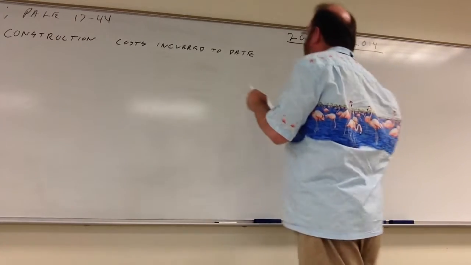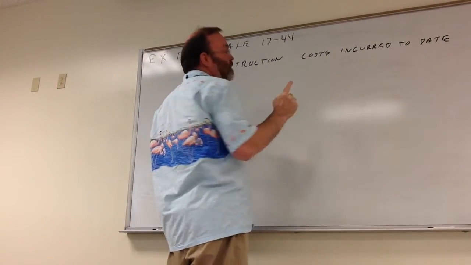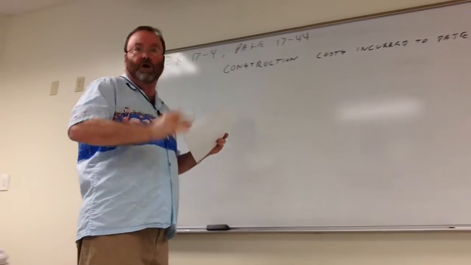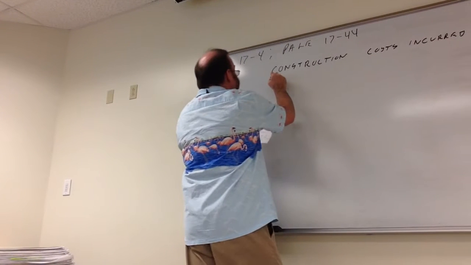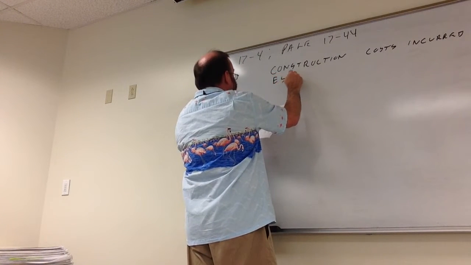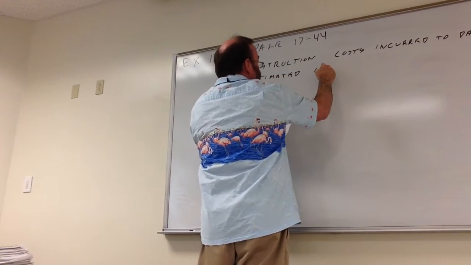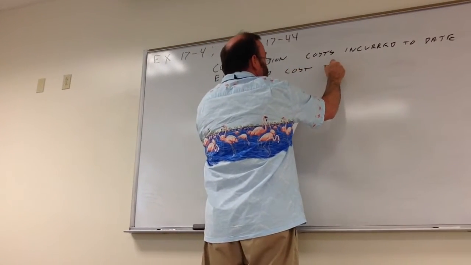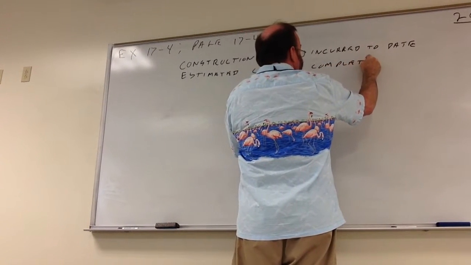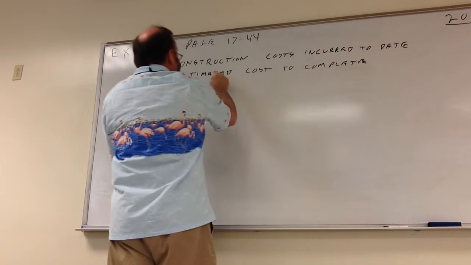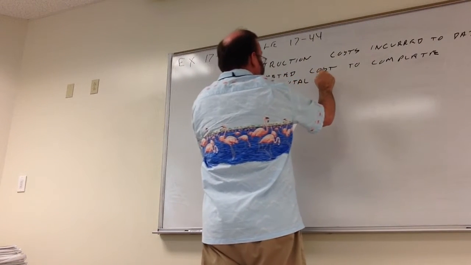And I'll leave room here because we'll eventually do one that spans 4 years. To that, the cost that we have already incurred on the long-term project, we're going to add the estimated cost to complete. That's going to be the total of those is our total estimated cost.